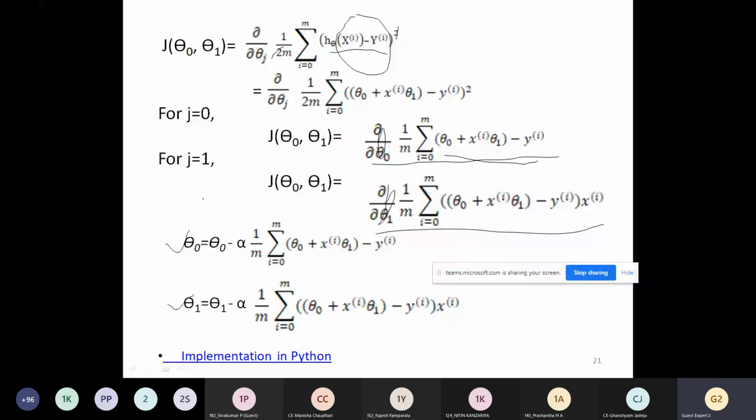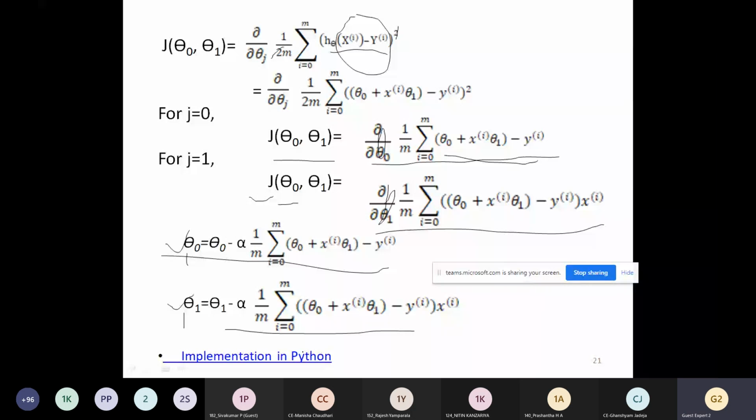Then using this equation, find the next value of theta 0 and theta 1, and again find the cost. You have to repeat this until you find the minimal cost. Whenever you find the minimal cost, that will be your final value of theta 0 and theta 1, and you get your model, theta 0 plus x theta 1. Clear? So this is how gradient descent works.